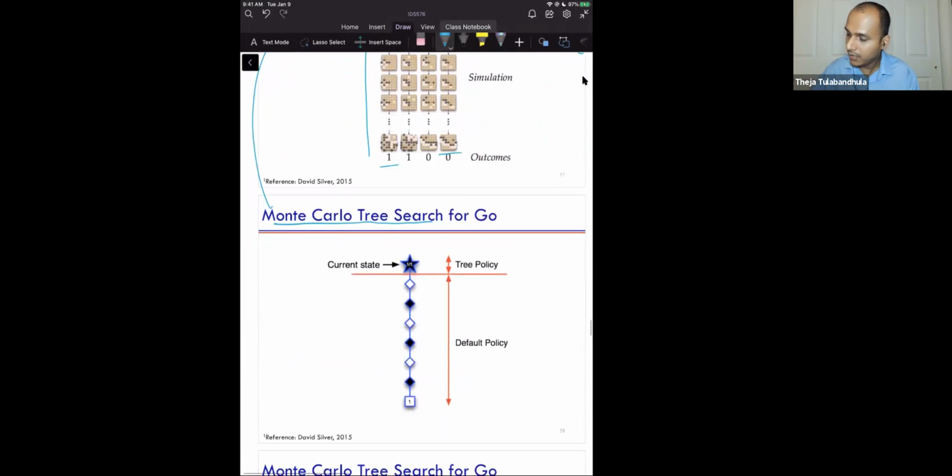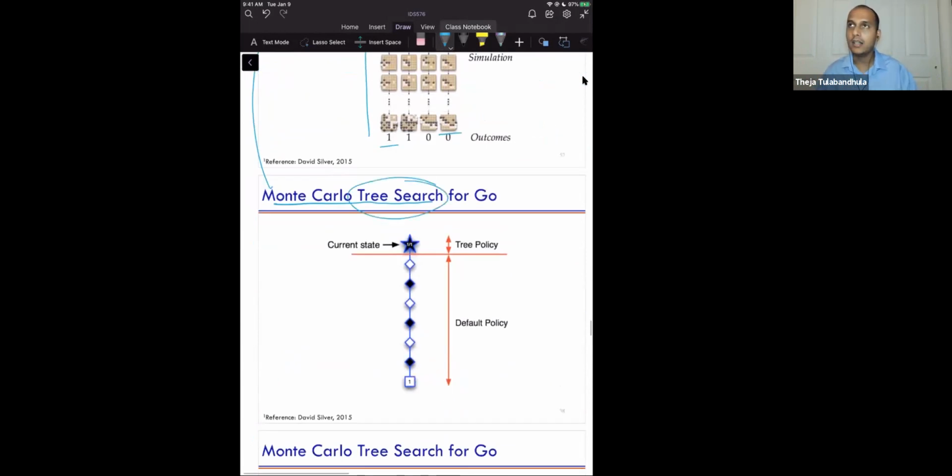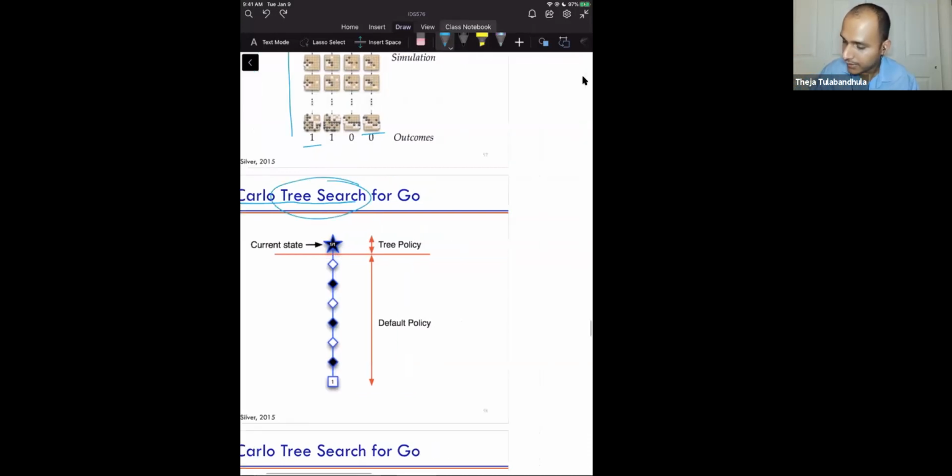So the idea is to introduce basically a different policy, a policy which is improving over these experiences, improving during your search, in certain part of the search tree.